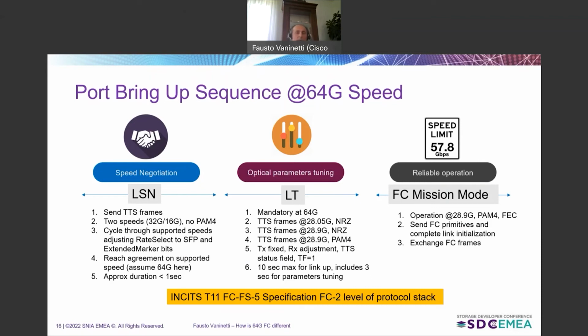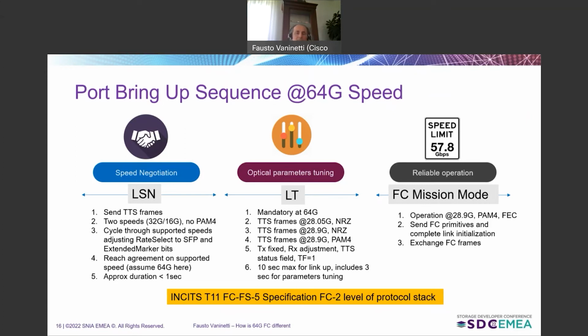However, the one thing I want to make clear is that for the first time at 64 gig fiber channel, you need to tune optical parameters, specifically receiver thresholds. This was not required before, but of course, it takes time. You need to try, see result, try again, and maybe change again, and then see the outcome.